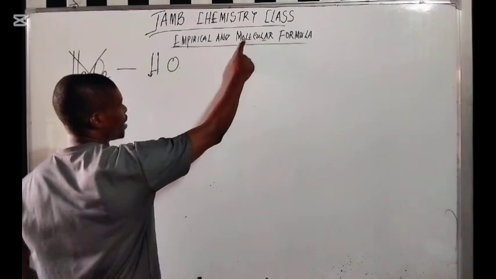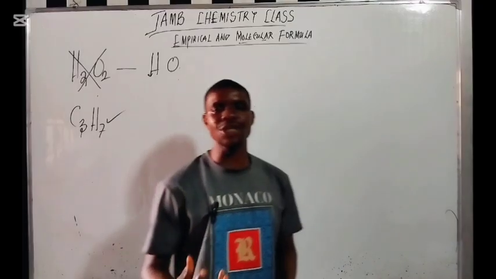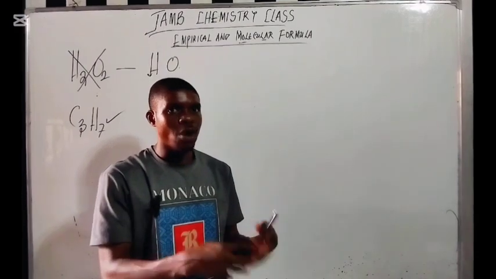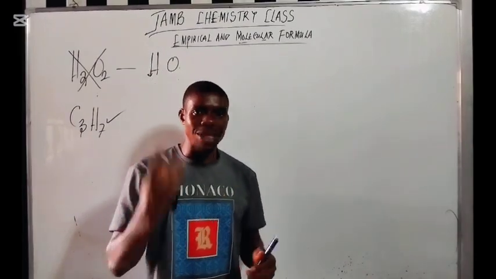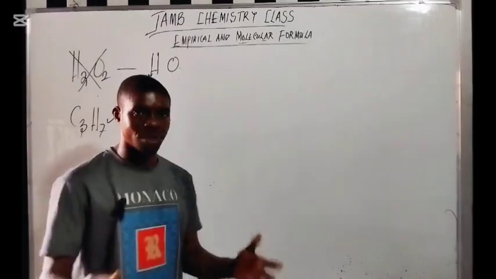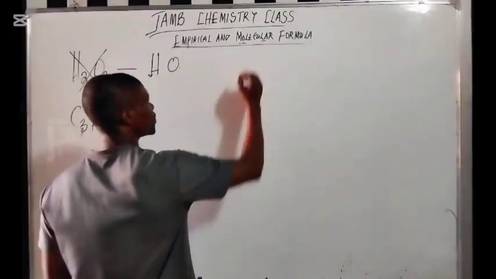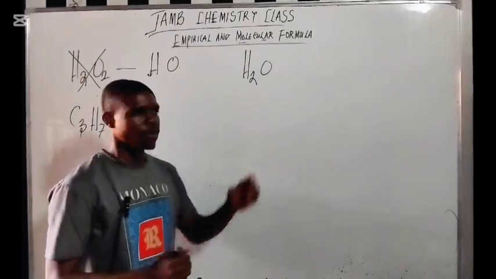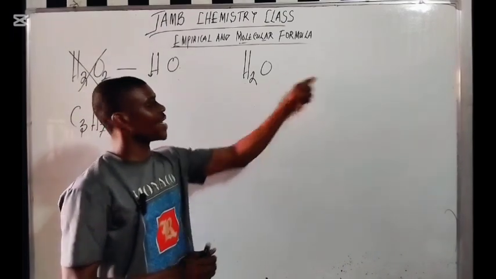Now look at molecular formula. What is molecular formula? Please take down: the molecular formula of a compound gives the actual number of atoms of each element in the compound. So the actual number of atoms of the elements in that compound is the molecular formula. Let me give you a good example. We all know water, H2O. If you look at water, can you subdivide this down?